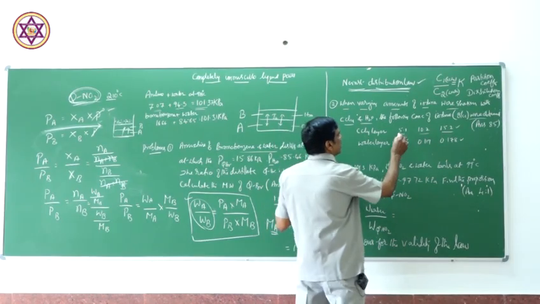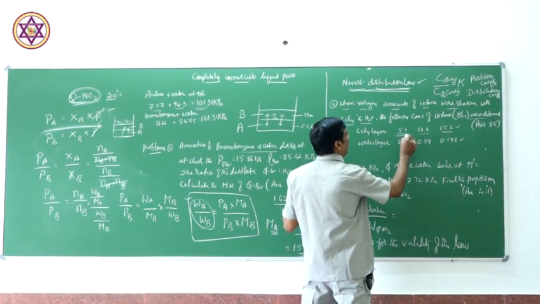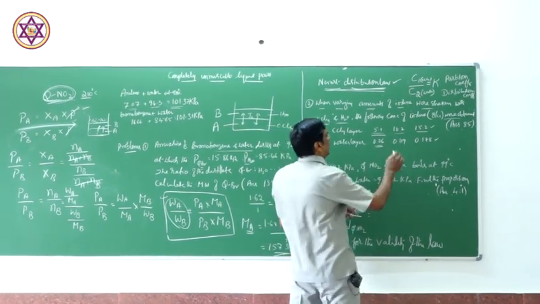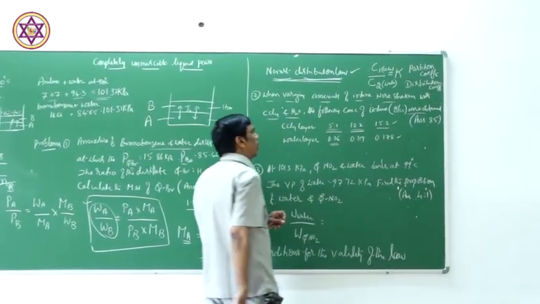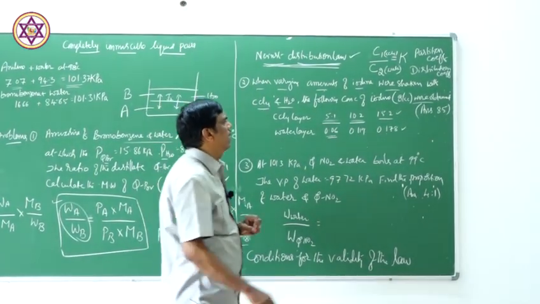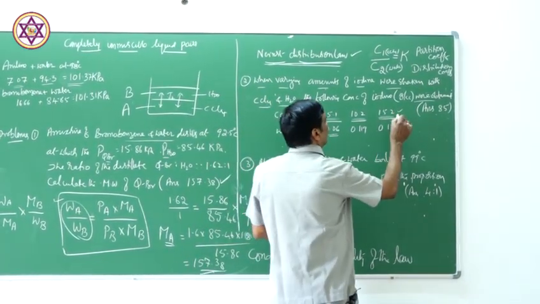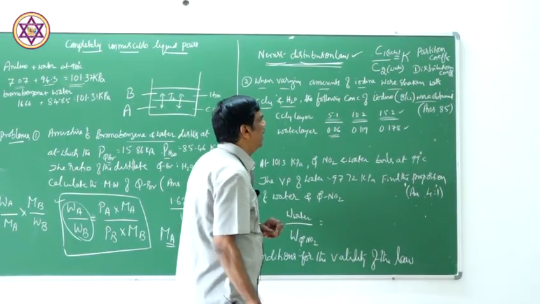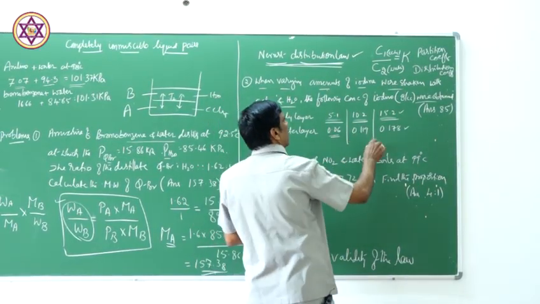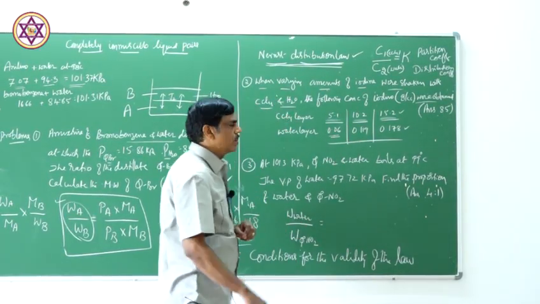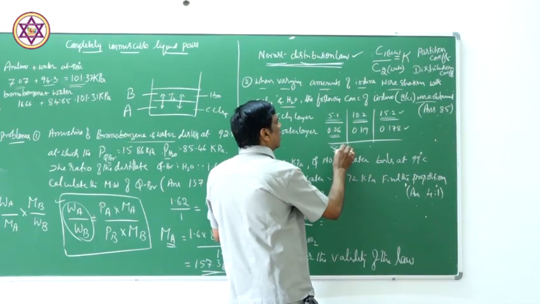Now, if you take the ratio 5.1 divided by 0.06, 10.2 divided by 0.119, and 15.2 divided by 0.178, in all the three cases it comes out to be around 85.